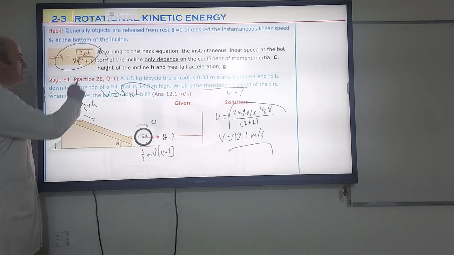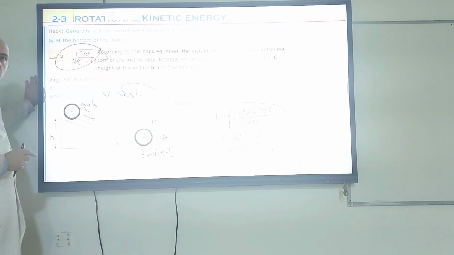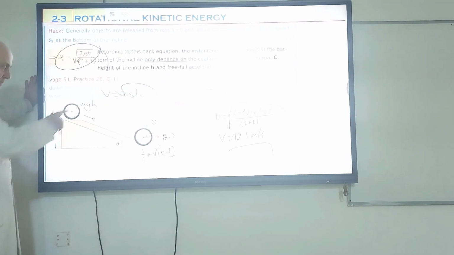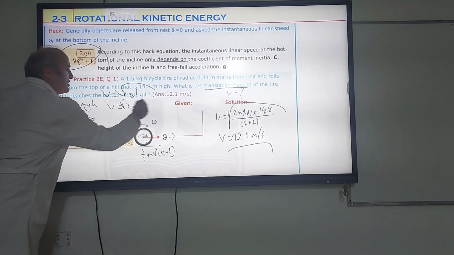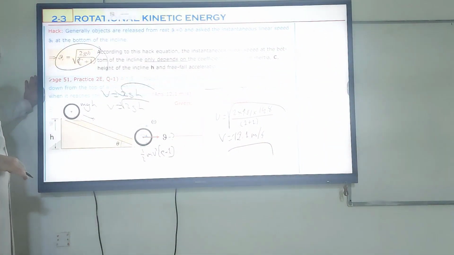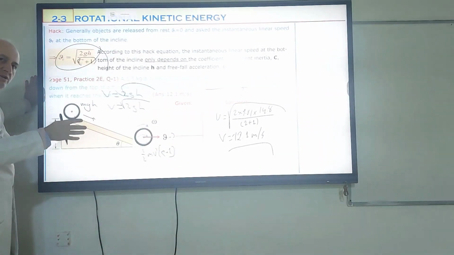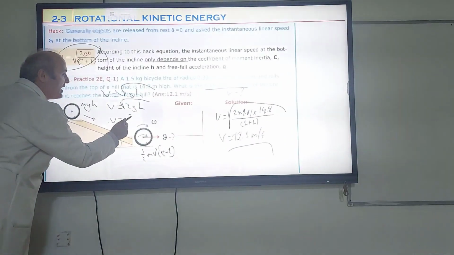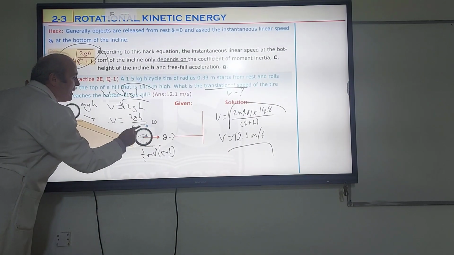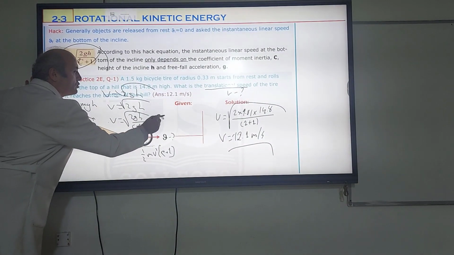Not C plus 1. If it's sliding on the ice, this is the equation: v equals the square root of 2gh. You studied this last year in free fall. But if it is the rolling case, it's 2gh divided by (C plus 1). This is the rolling case.